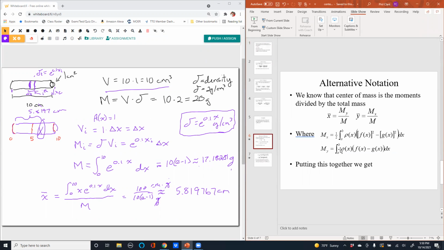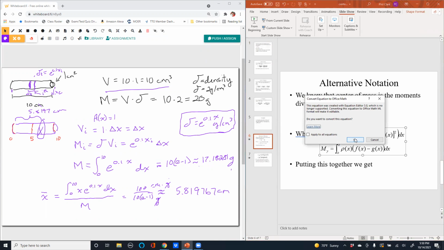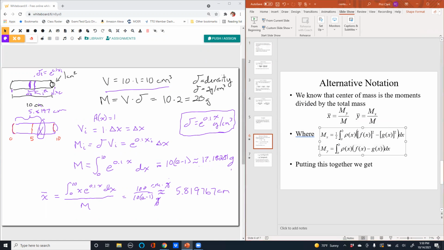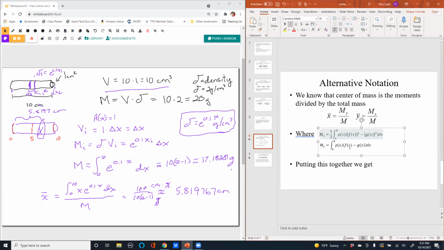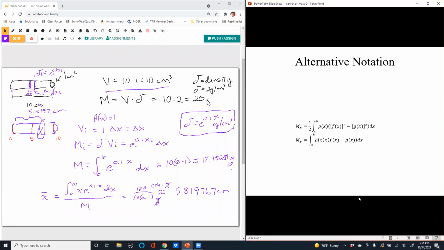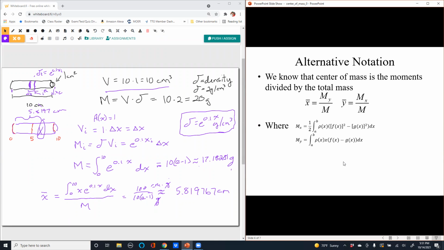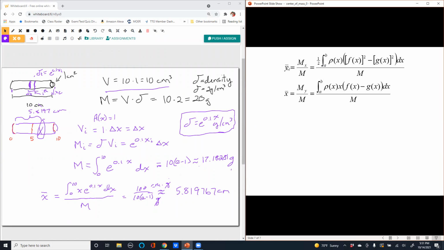I have a mistake there, I've got to fix that. I'll make sure I fix it in the one that's online too. Okay. Sorry, density. There's that extra x. This is doing the cross-sectional area. All right. So putting this together, here's our y bar and our x bar.